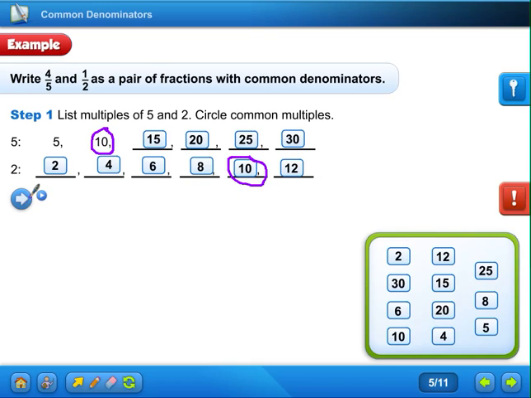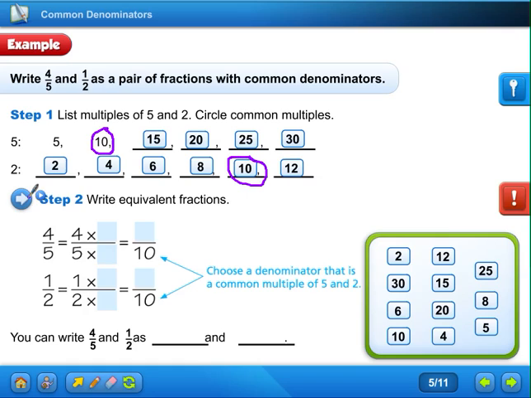All right, let's see what they want us to do next. Step 2, write equivalent fractions. So what you're going to have to do is multiply 4 times what and 1 times what? Remember, choose a common denominator that is a common multiple of 5 and 2.